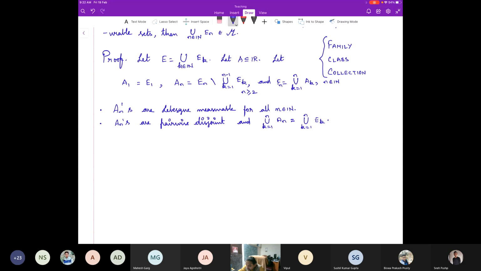If you have a collection, you can write it as a disjoint union without losing the union. We have not lost elements of this union, but you have written it as a pairwise disjoint collection. This is the main thing that you'll have to understand. This is one of the ideas that we are going to use in many places.